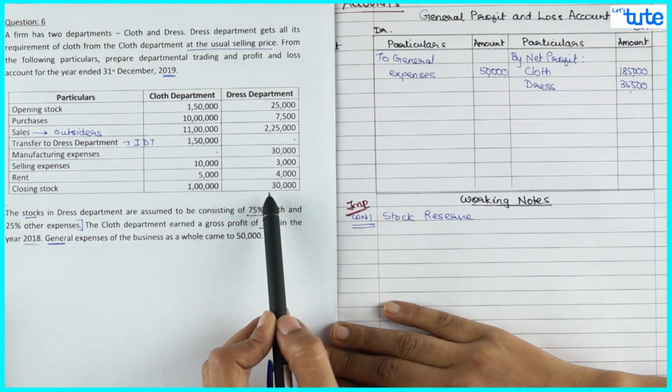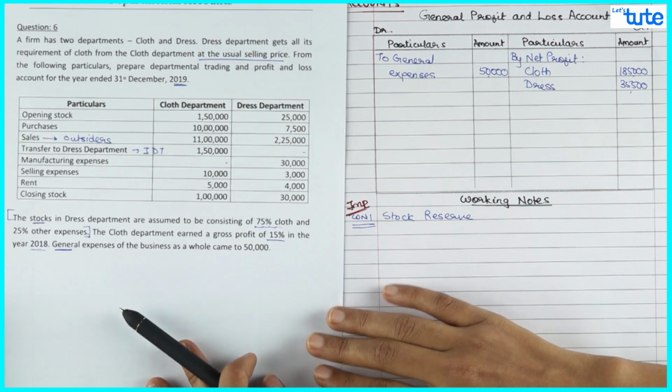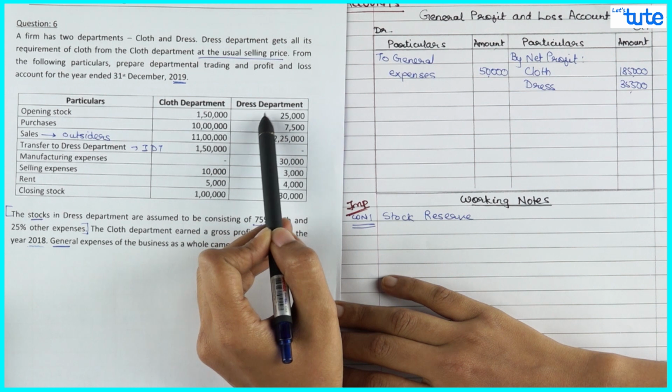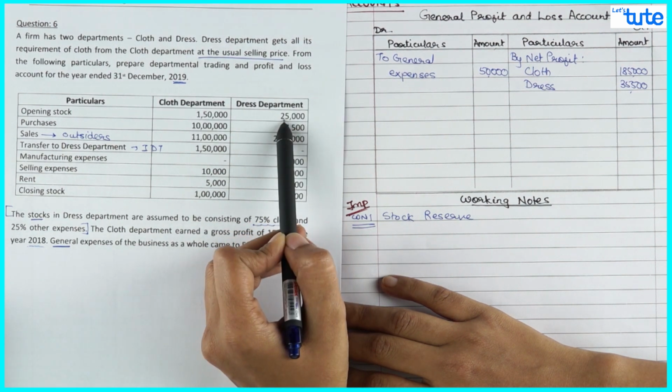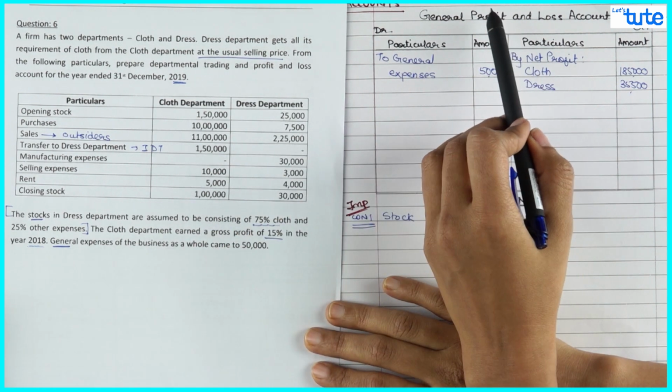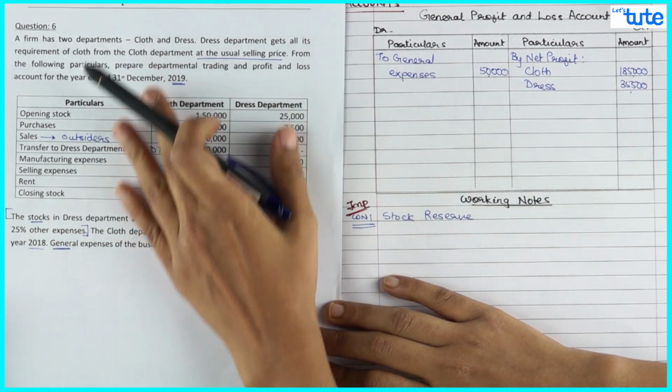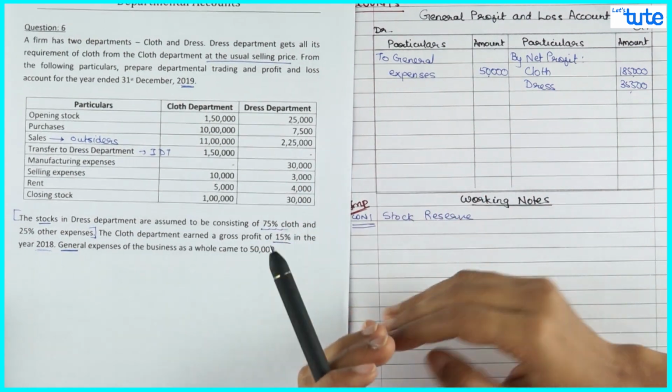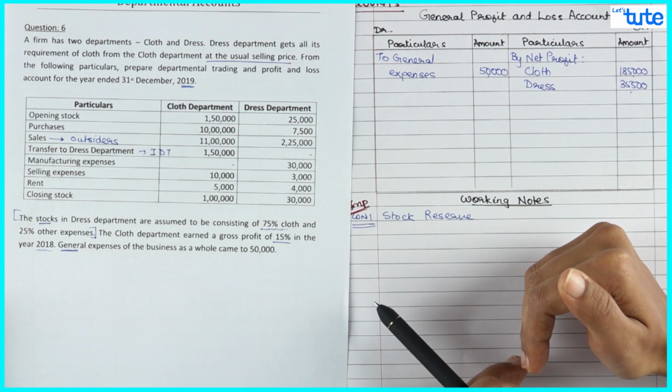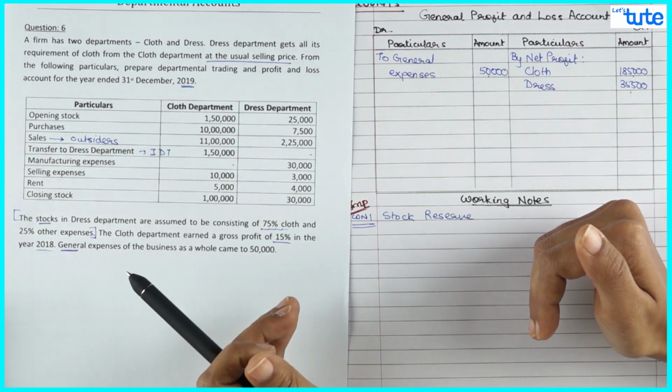Not only in the closing stock there would be some cloth, but also in the opening stock there would be some cloth, because this opening stock would have been closing stock of the previous year. And since nothing is specified for the previous year, we can assume the policy for the current year would have been the same for the previous year also.